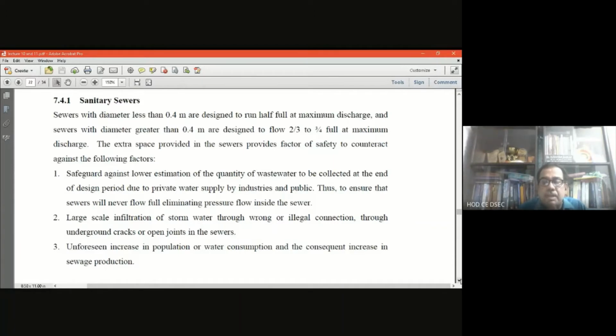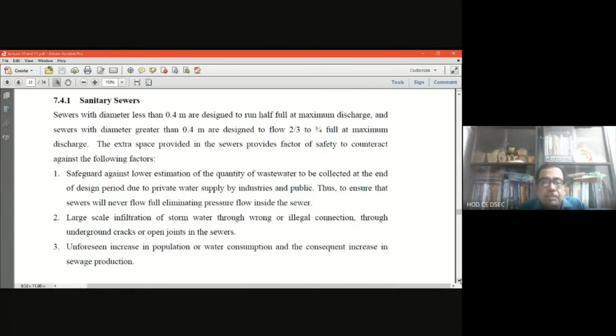This is the safeguard to ensure that sewers will never flow full, eliminating pressure flow inside the sewer, because the flow runs by gravity. So pressure flow will definitely not be allowed. Here the flow is by slope, by gravity, from higher to lower.